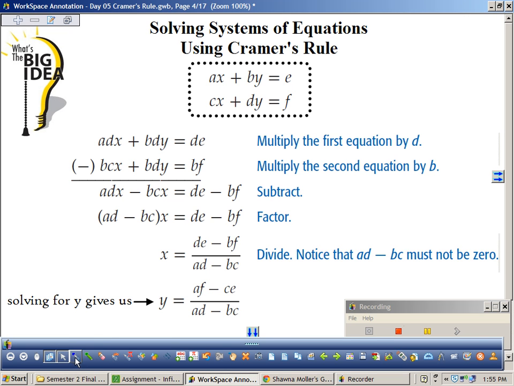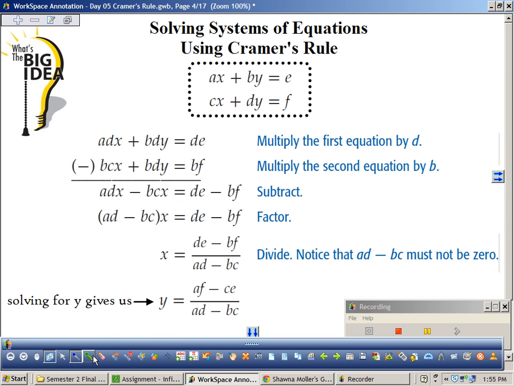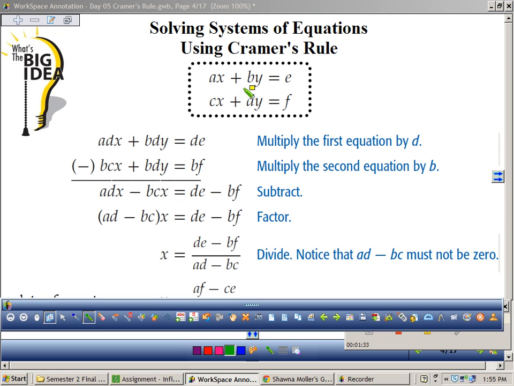Check this out. Look at DE and BF. Do you see DE and BF up here? What's that look like?